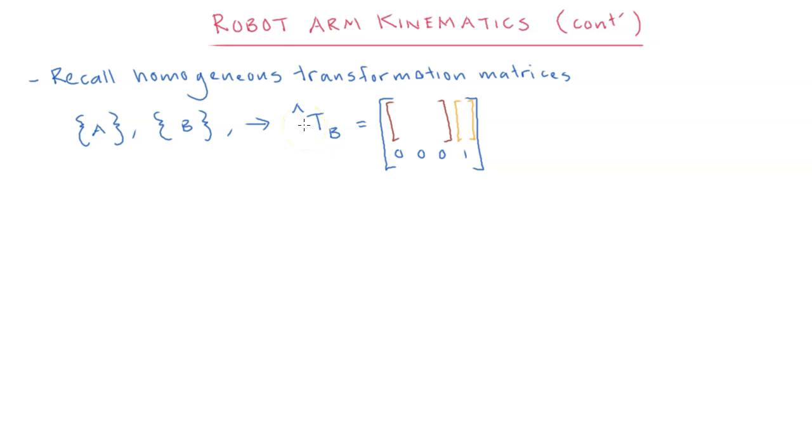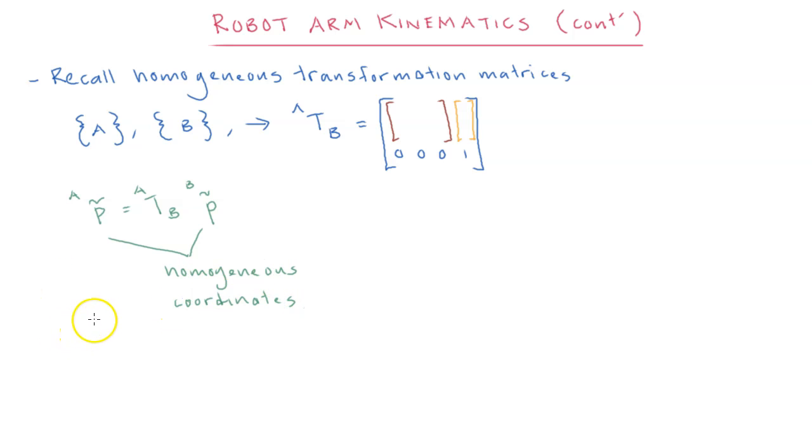And if we want to map a position vector from one coordinate frame to another, then we have to use this equation. So we have to represent the position vector in homogeneous coordinates. So here we are mapping a position vector expressed in homogeneous coordinates from coordinate frame B to coordinate frame A. So these are expressed in homogeneous coordinates.